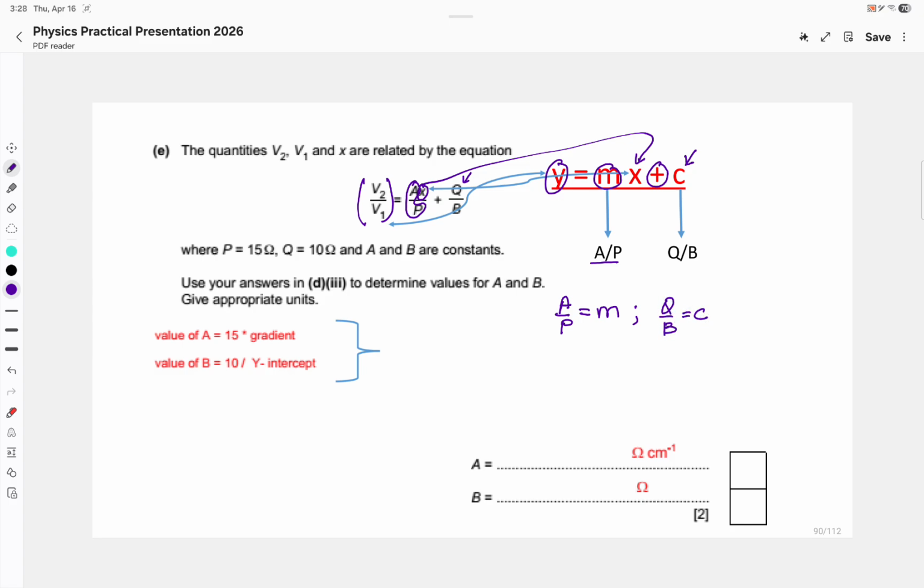First of all, you will write over here in this area: since a upon p is m, therefore the value of a is equal to p multiplied by the gradient, because p and q are mentioned to us. And the value of b is q divided by c.